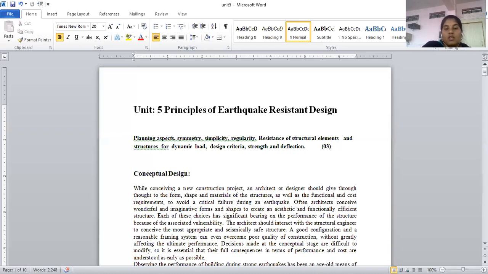Okay. So what is this conceptual design? Observing the performance of buildings during strong earthquakes is age-old, meaning educating engineers and builders on the proper and improper construction of earthquake load resisting systems.